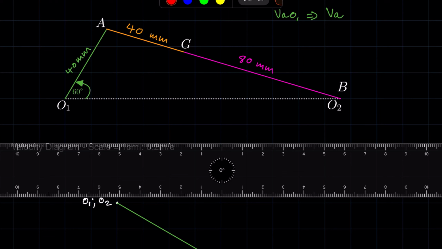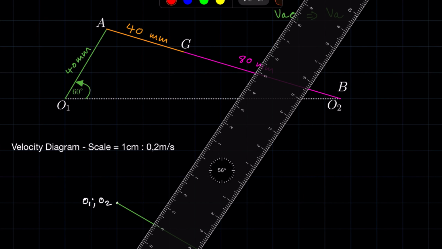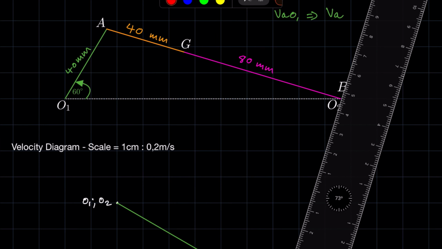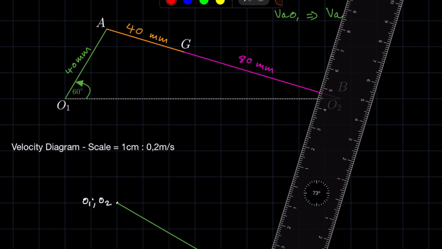But now, since we're looking at link AB, you are going to place your set square parallel to link AB, and then take your 60-degree one and place it perpendicular to the 45.